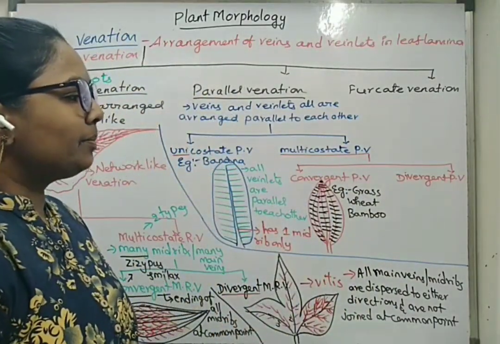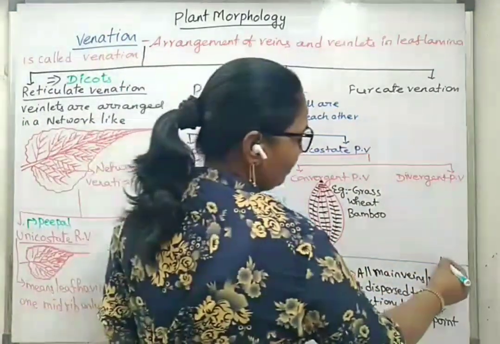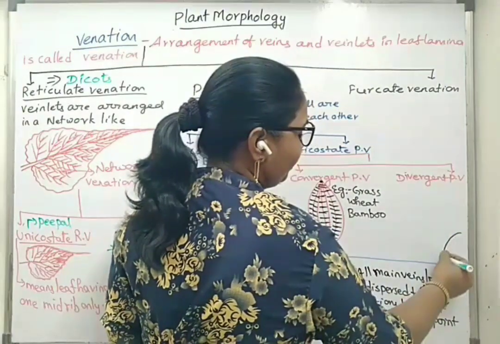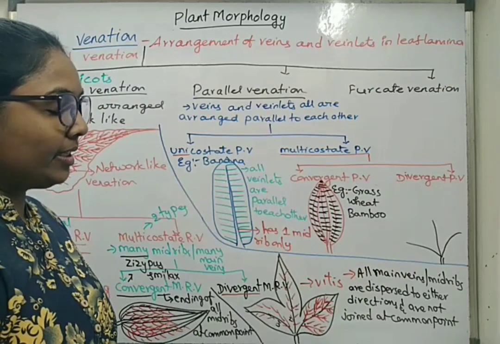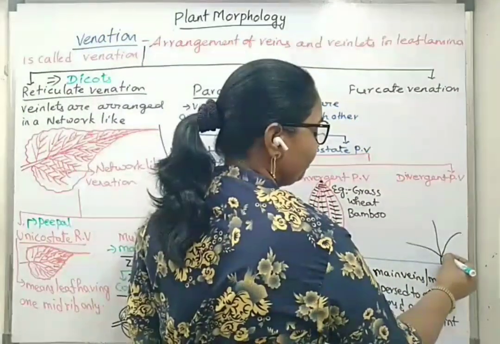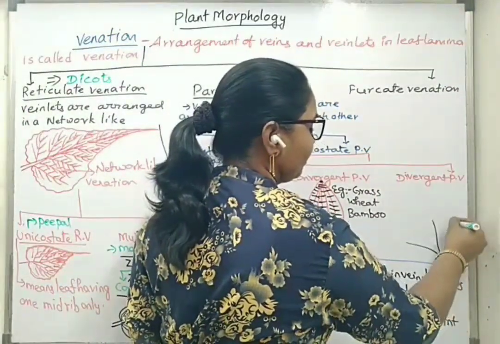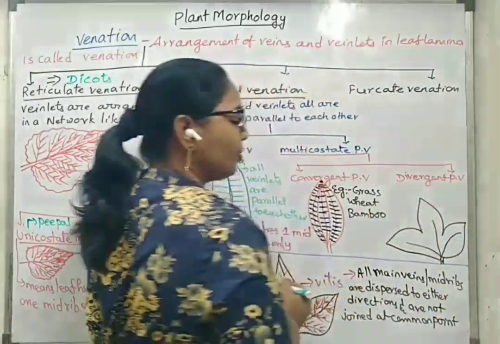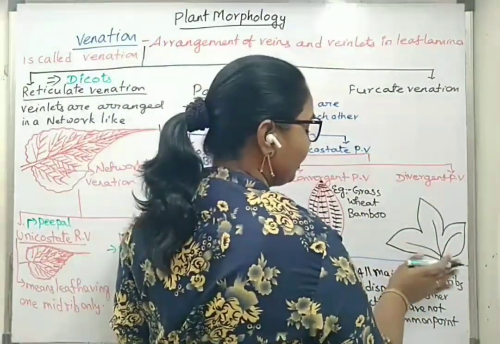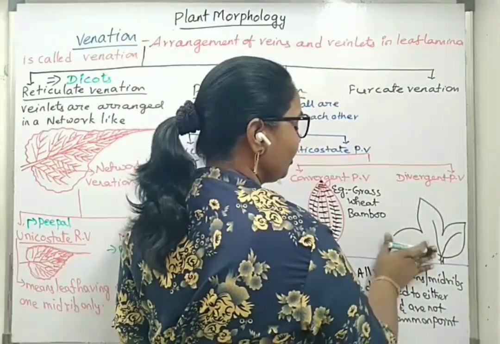Under divergent parallel venation, one midrib, second midrib, third midrib are dispersed to either directions. So there are many midribs, not only 3, we will draw more.